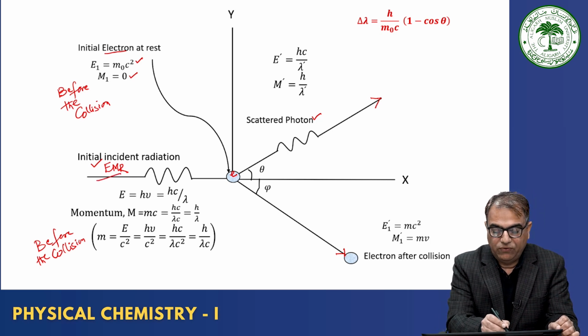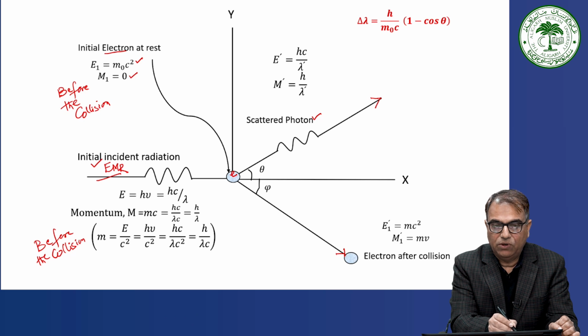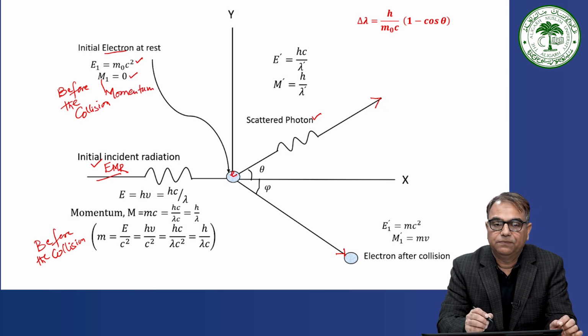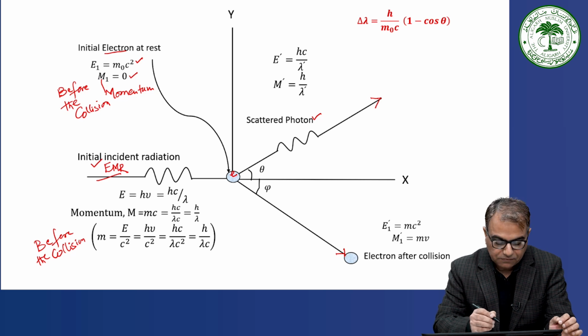Before the collision, you have E1 is equal to m naught c square, and m1 is the momentum, not mass. This is 0 because the velocity is 0.